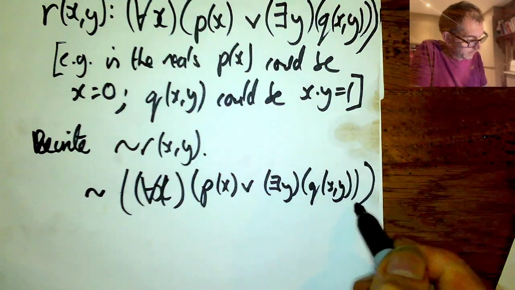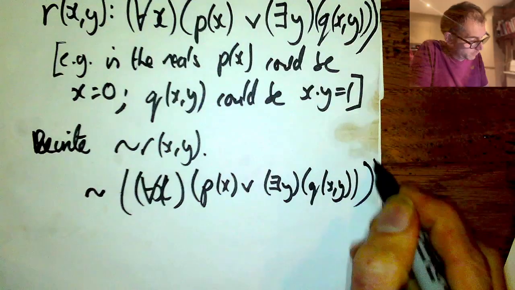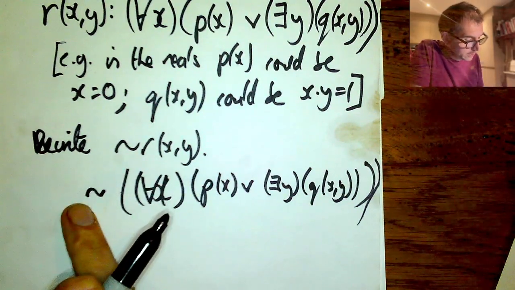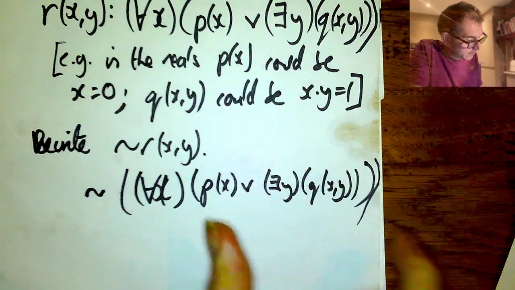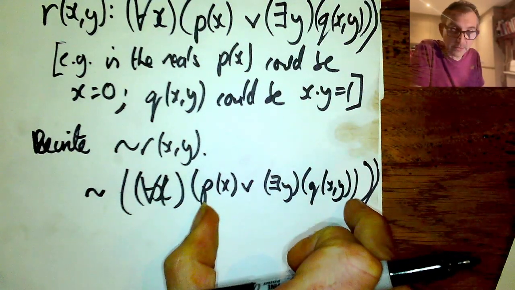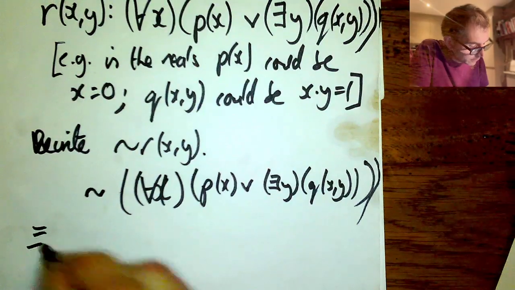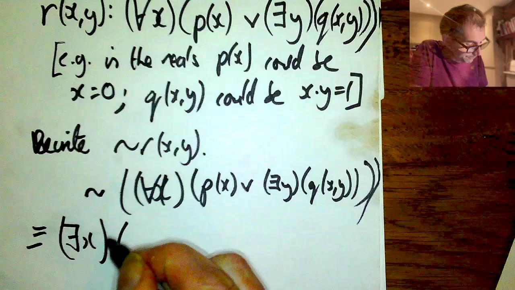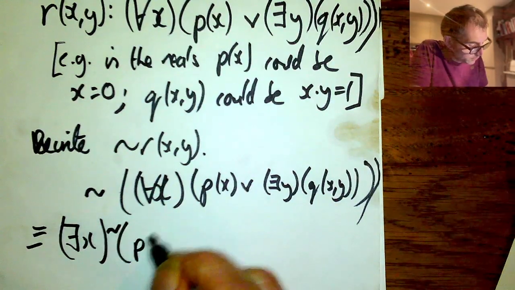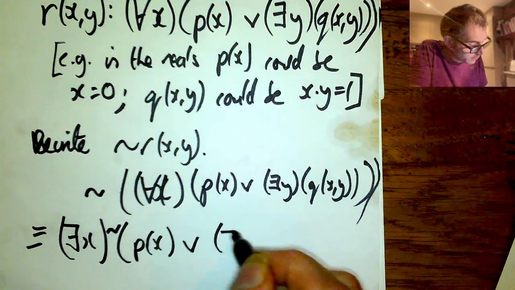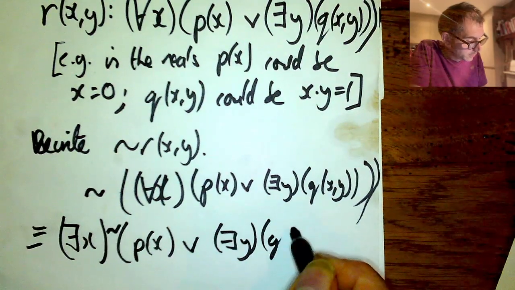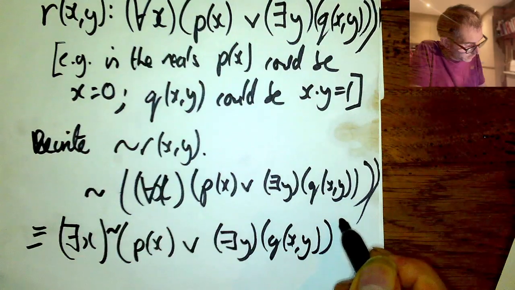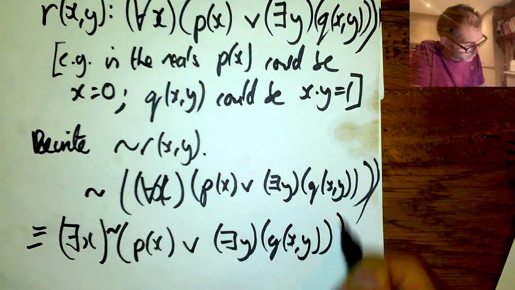I've got enough of these brackets. I think we need one more. Okay, so I can take this inside, provided I swap this for an exists and then take not of the predicate. So this is equivalent to, there exists an x such that not of this. So I'll put a not in here and then just write it down again, and then we can use the laws of propositional logic to make some more progress.